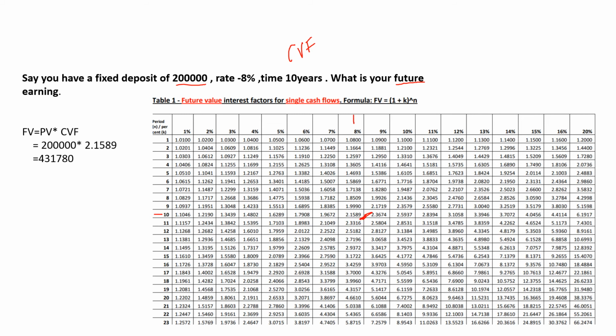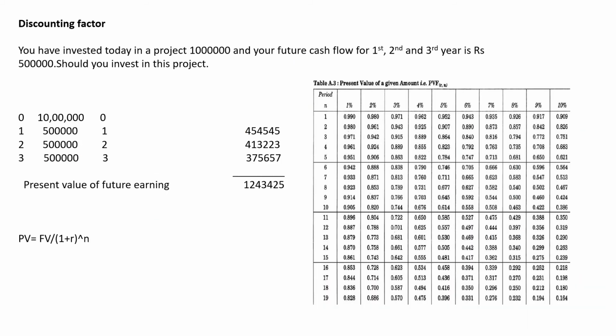So we will be multiplying the present value with the compound value factor and we will be getting 4,31,780. Clear? Fine. Now we will be starting with the discounting factor concept. We mainly use it to find the present value of future earning, and the compounding factor we mainly use for finding future earning from the present value.